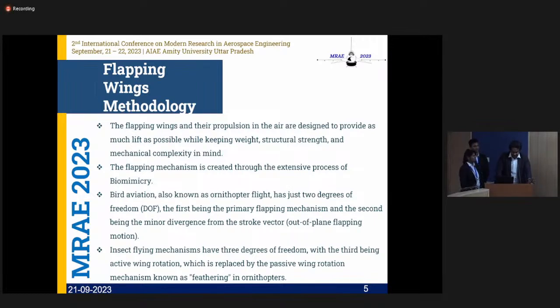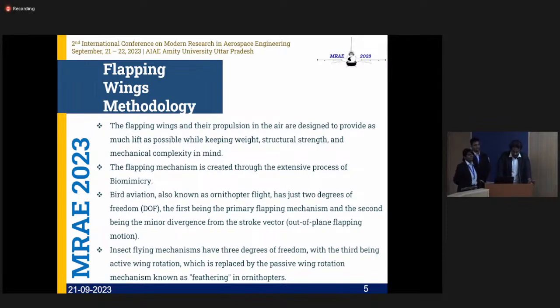By mimicking the flight mechanics of these birds, we can derive insights into the efficient flapping mechanics, which can save time and resources in the development phase.